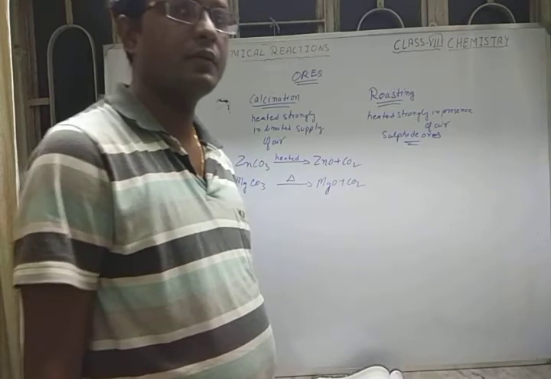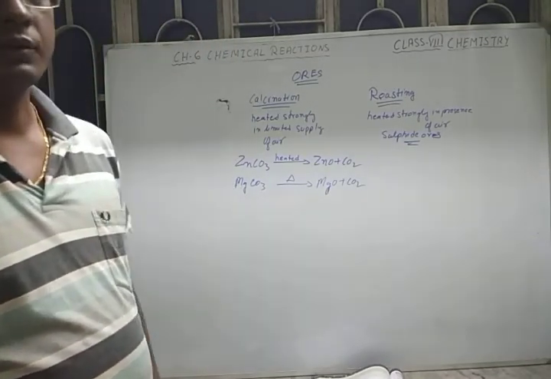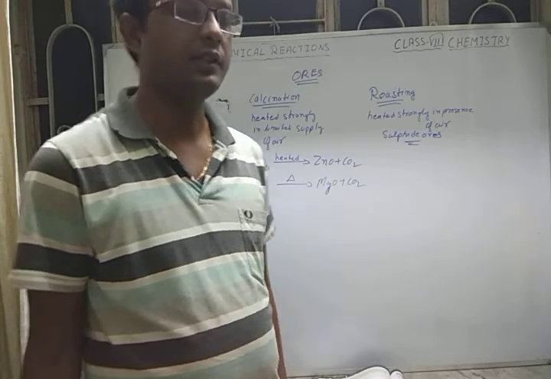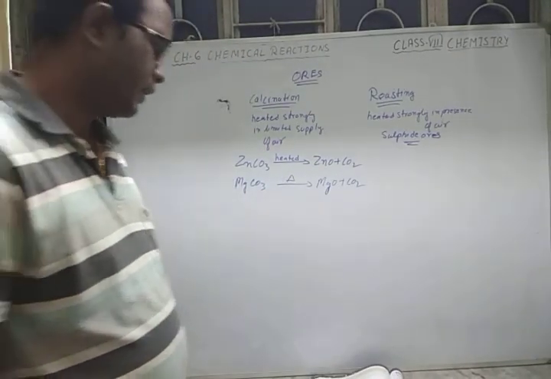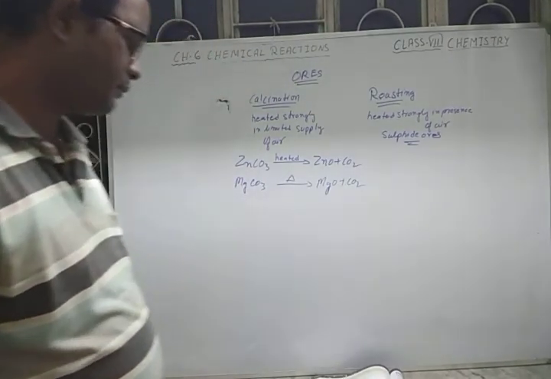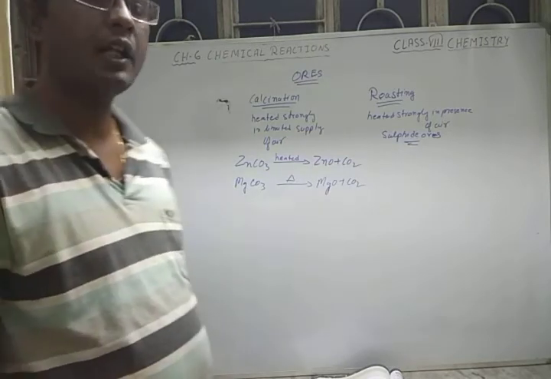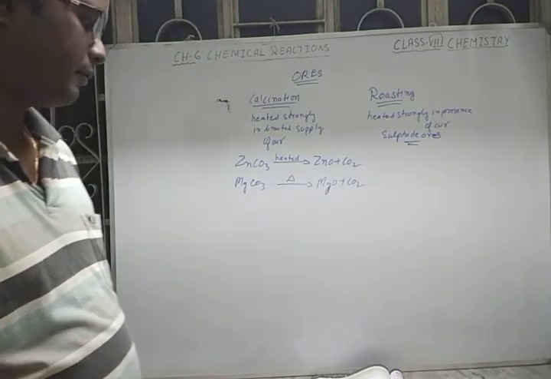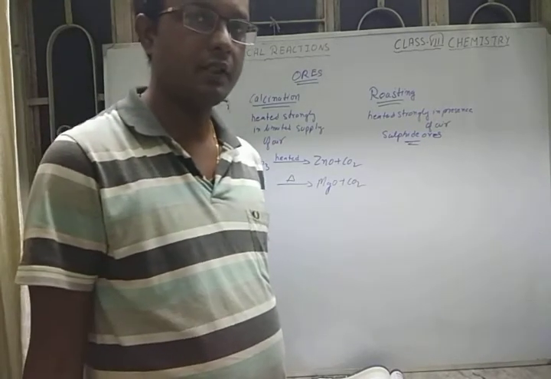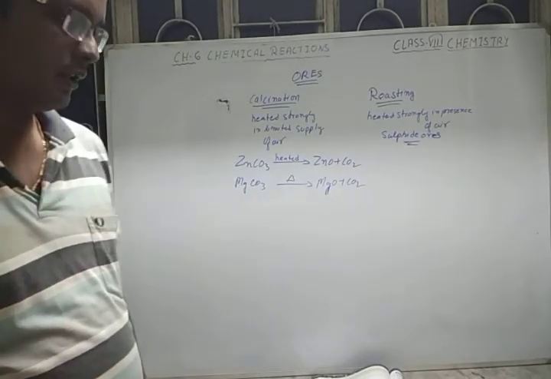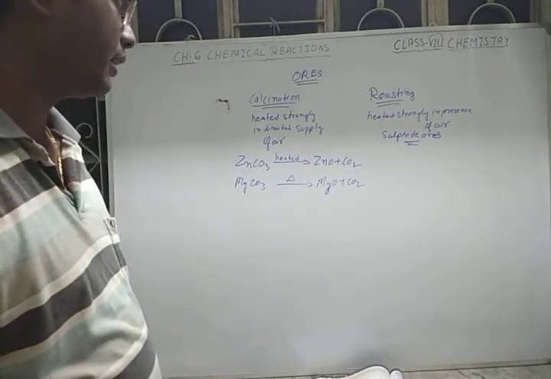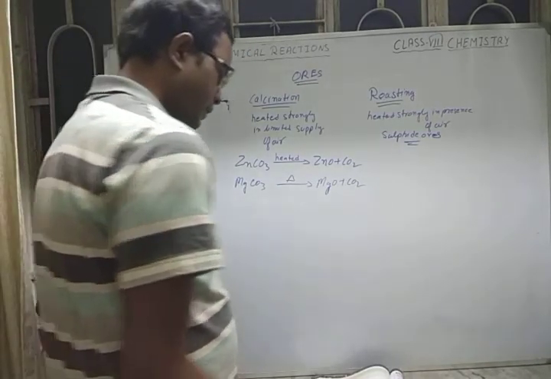In roasting, we strongly heat the ore in the presence of oxygen. This process is conducted in a special type of furnace called a reverberatory furnace. How are sulfide ores heated in a supply of oxygen?